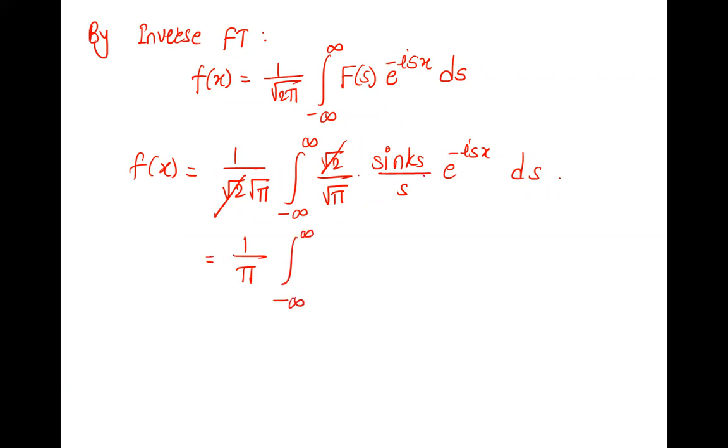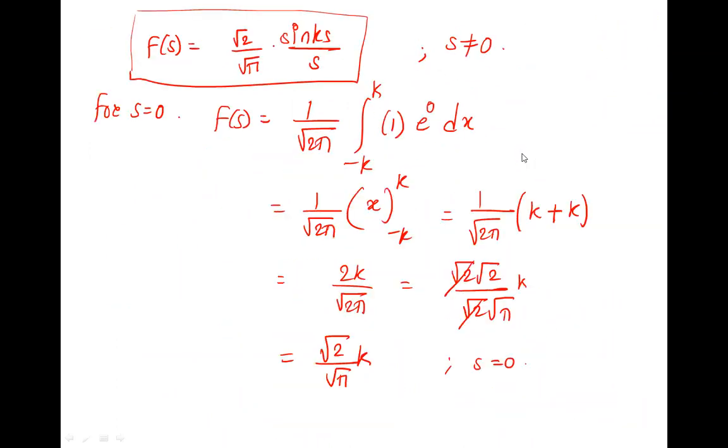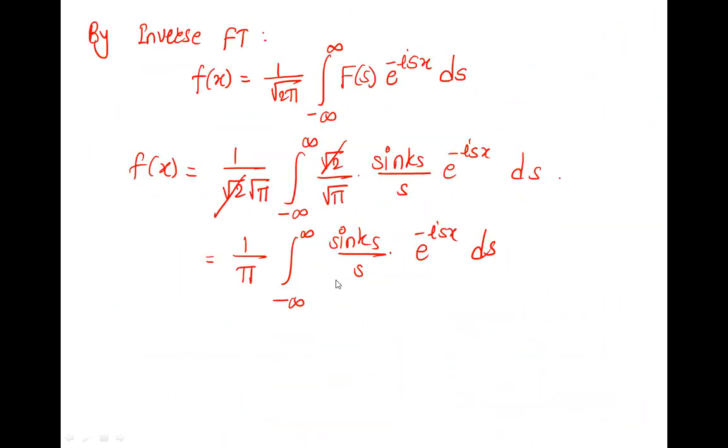Minus infinity to infinity, the remaining thing is sine ks upon s into e raised to minus isx ds. Check once: sine ks upon s we can see, but there is no e raised to I; there is cos sx something.